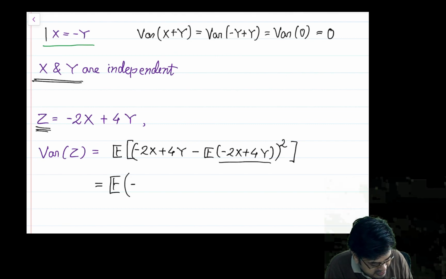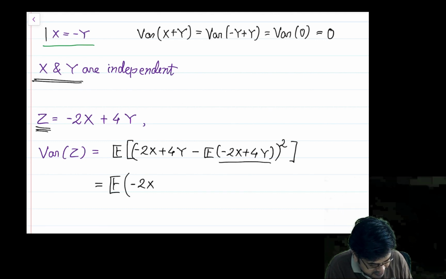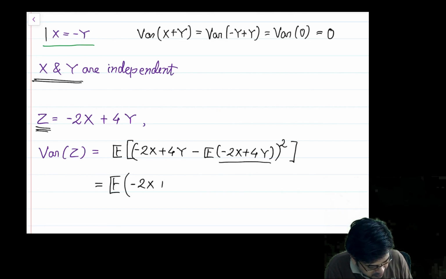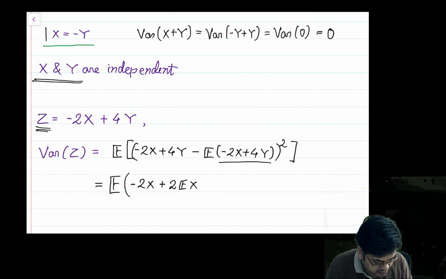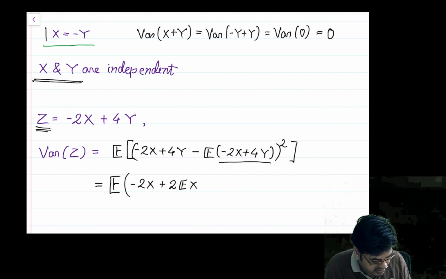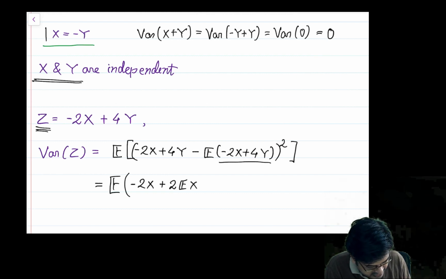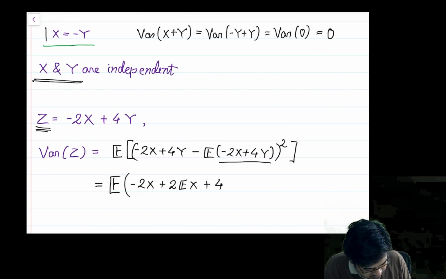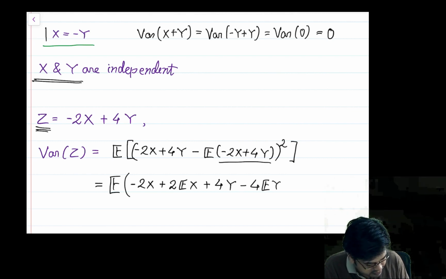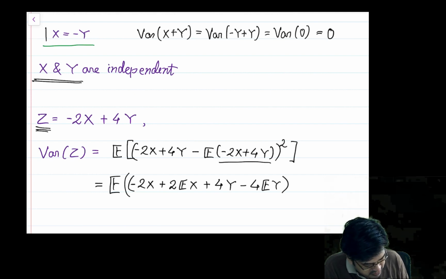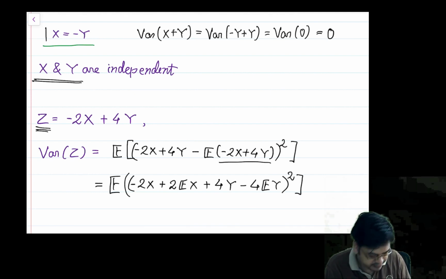So I can rewrite this as minus 2x minus 2 times expected value of x, plus 4y minus 4 times expected value of y, this whole term squared.